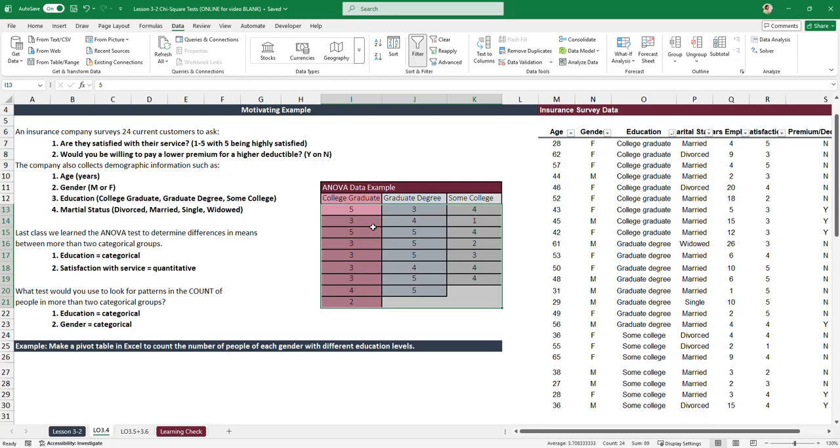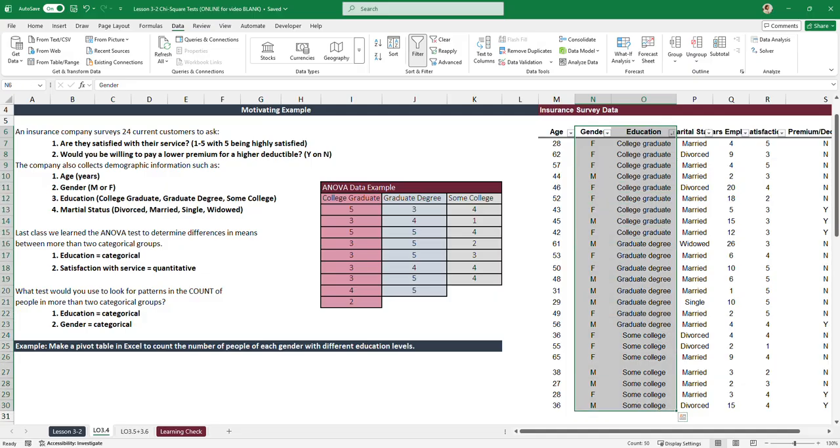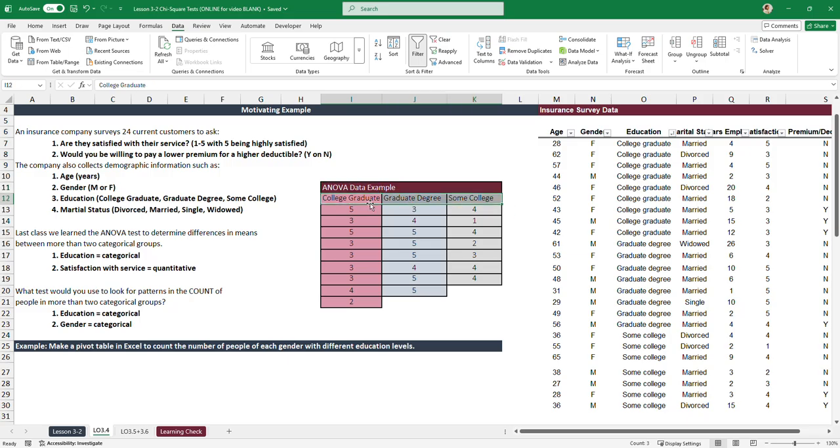A type of test we haven't discussed yet really leads back to the question of what do you do if you want to look at patterns between 2 categorical variables. What I mean by that is, what if we have something like gender and education? For the ANOVA example, we had these educations: college graduate, graduate degree, some college.